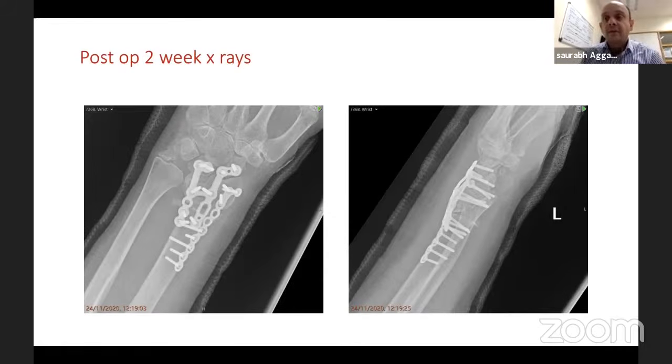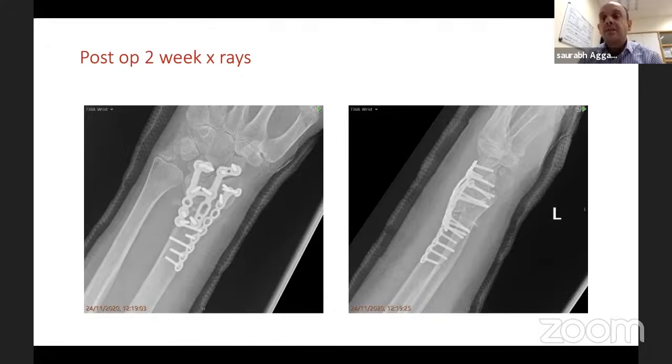radius malunion, even a Smith fracture, whichever malunion, with radiocarpal arthritis. So now there are 2 potential problems and you may need 2 operations combined into one. Radiocarpal arthritis, radiolunate is more important. Radioscaphoid radiological arthritis does not equate to clinical severity.